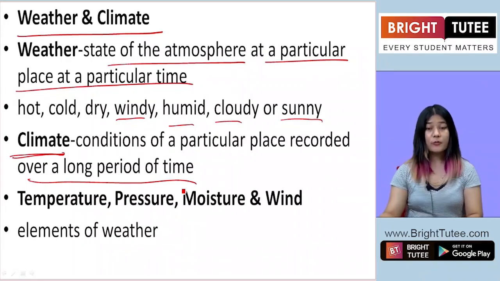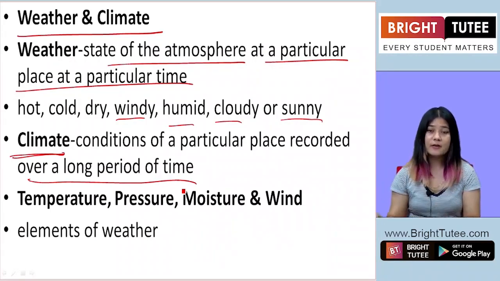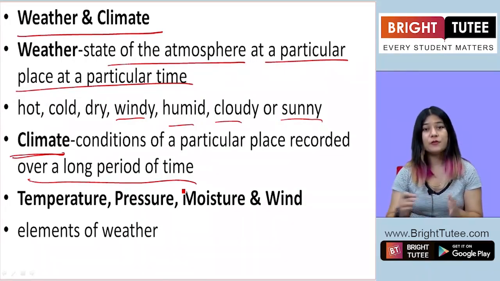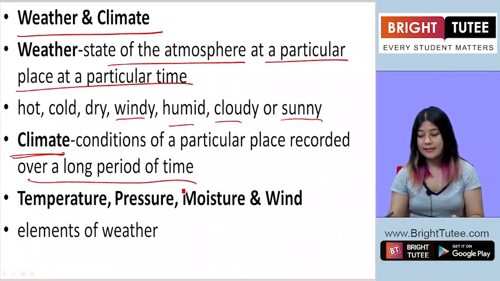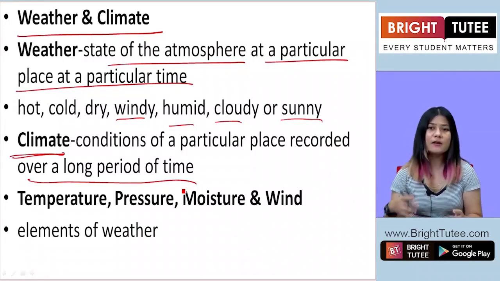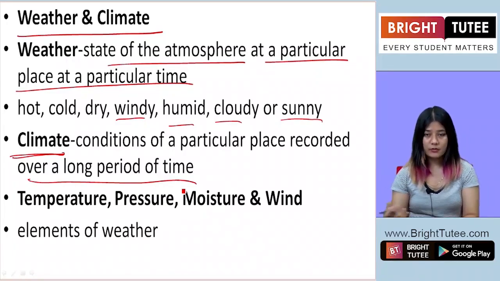Okay. So if we live in an area where mostly it's hot throughout the year, out of 12 months, 9 months are hot, and the last 3 months are cold, okay, so we say that particular area has a hot climate. Okay, hot climate.